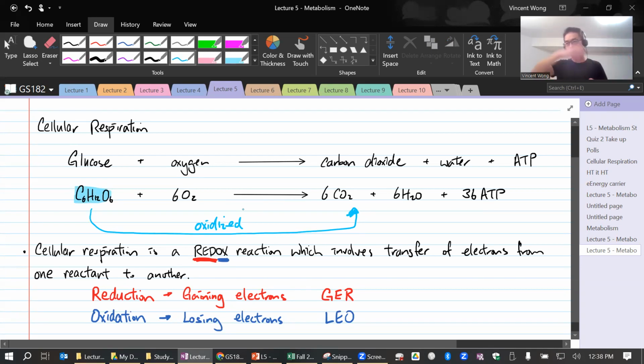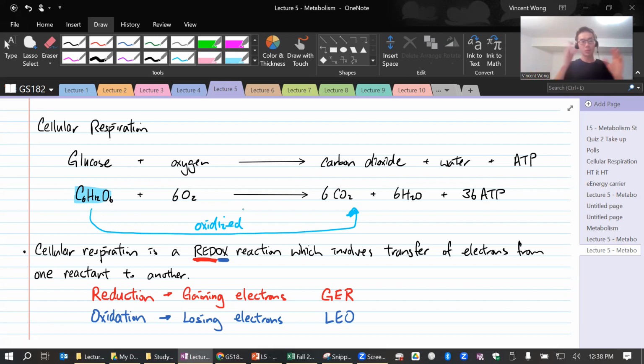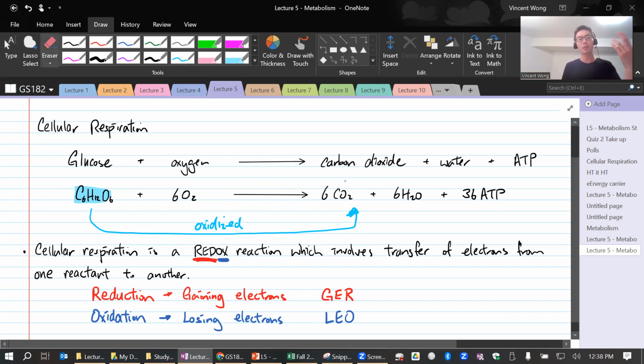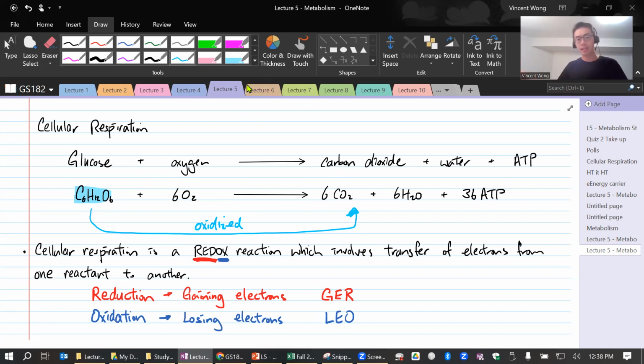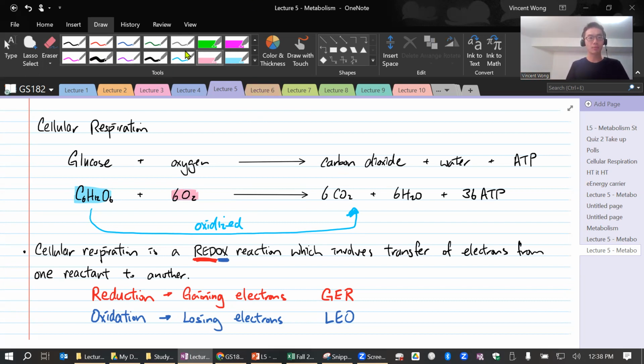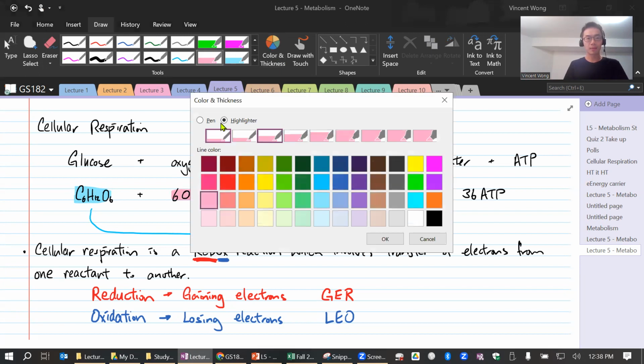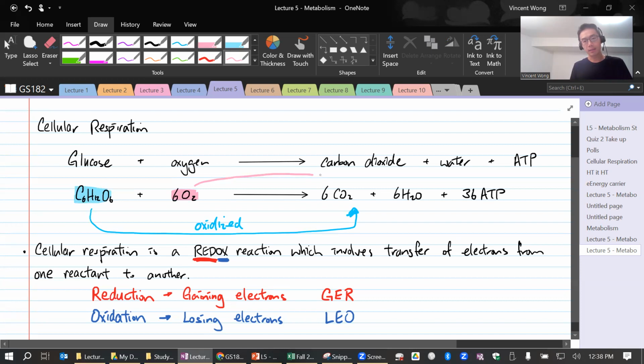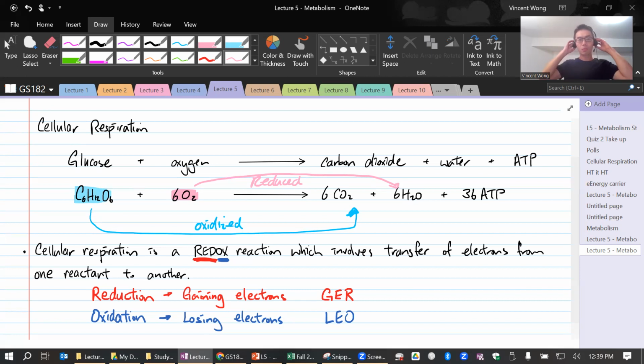We'll remove electrons from it, and once we're done removing electrons from it, it will become carbon dioxide. Those electrons have to go somewhere. They will go on to oxygen, and they will be reduced into water. When they pick up those electrons, they will be converted into water.